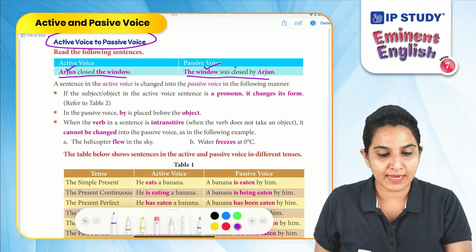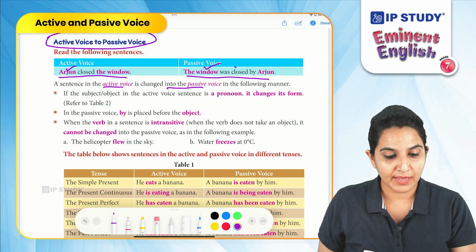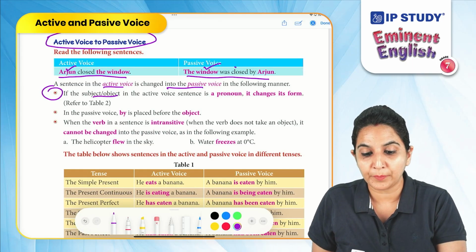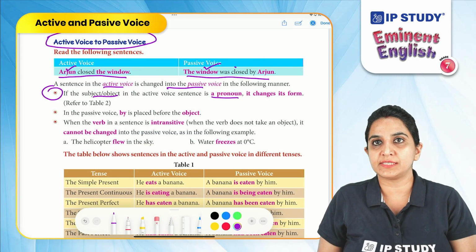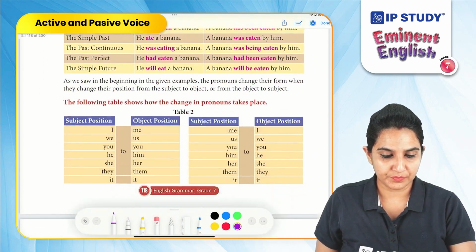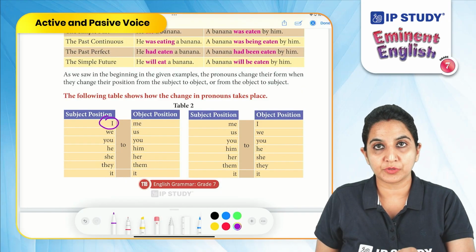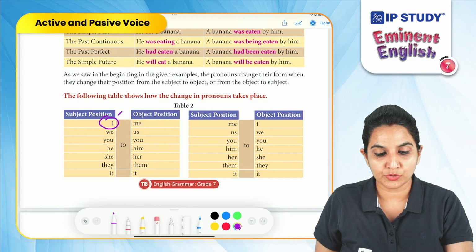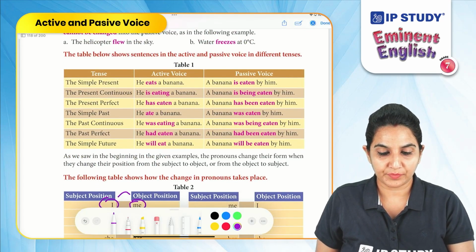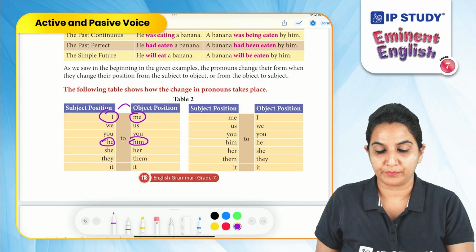A sentence in the active voice is changed into passive voice in the following manners as well. If the subject or object in the active voice sentence is a pronoun, it changes its form. For example, when we change it into the passive voice, I is usually changed into me, and he is changed into him.